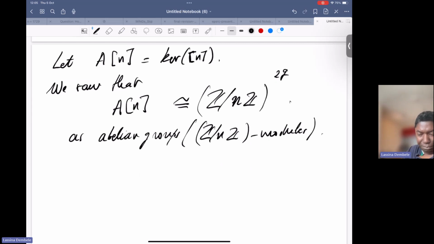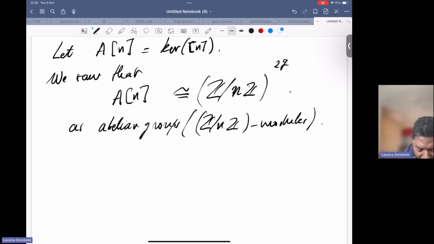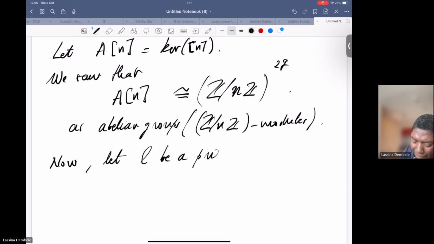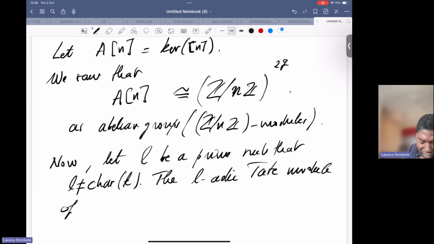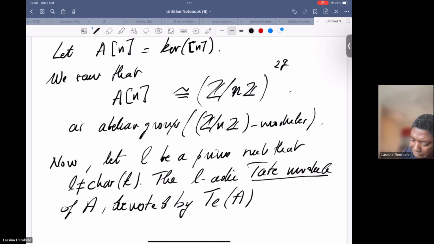So now let l be a prime such that l is not equal to the characteristic of K. Then we define the l-adic Tate module of A, which we are going to denote by T_l(A), as follows.